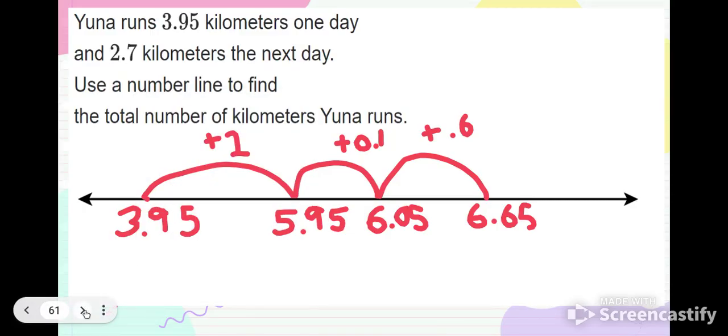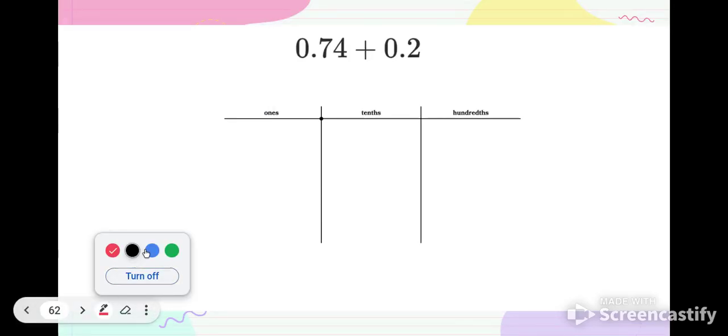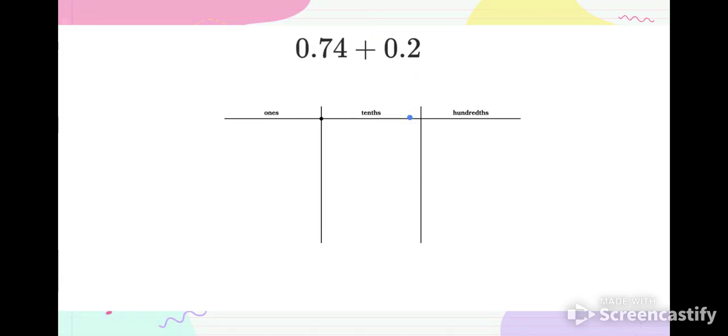So let's take a look at using our place value discs. Okay, so I have this number here, 0 and 74 hundredths plus 2 tenths. So I'm going to get my pen again. Maybe I'll get a different color here just to keep things interesting. So this should look familiar from last year.